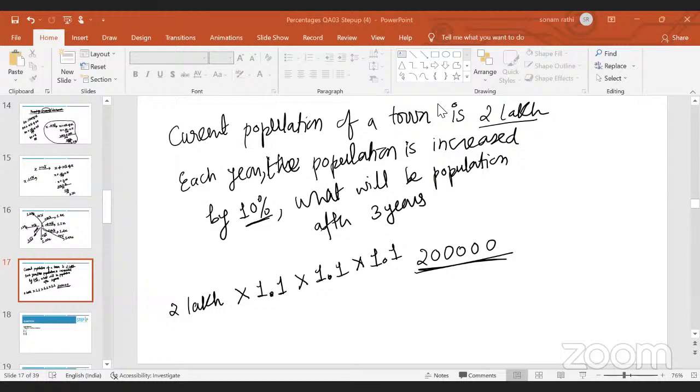Now try to do it. Someone is using calculator. I can hear the sound of it. Please do not use calculator. So 2 into 1.1 into 1.1 into 1.1.